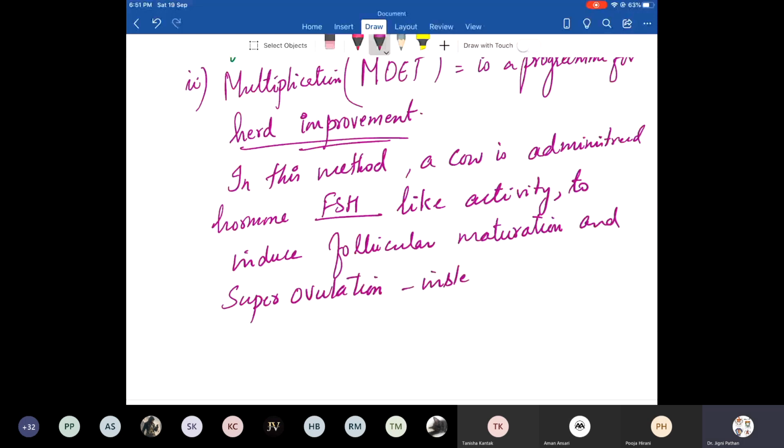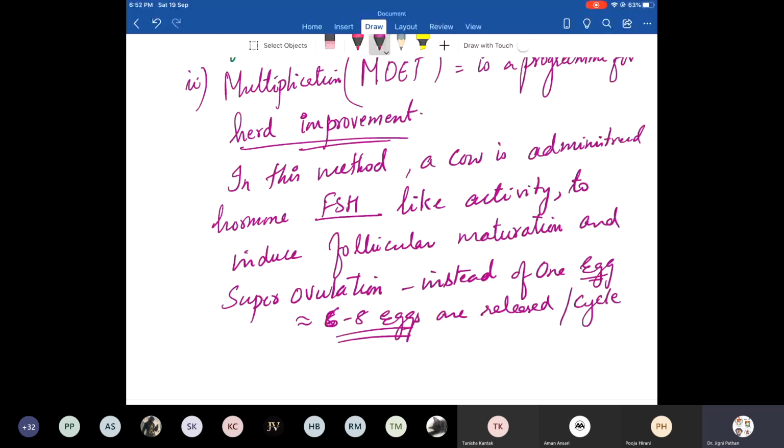So FSH is given so that many ova are released at one time, not just one egg. Superovulation means approximately 6 to 8 ova or eggs are released per cycle, not one, after the injection of FSH.